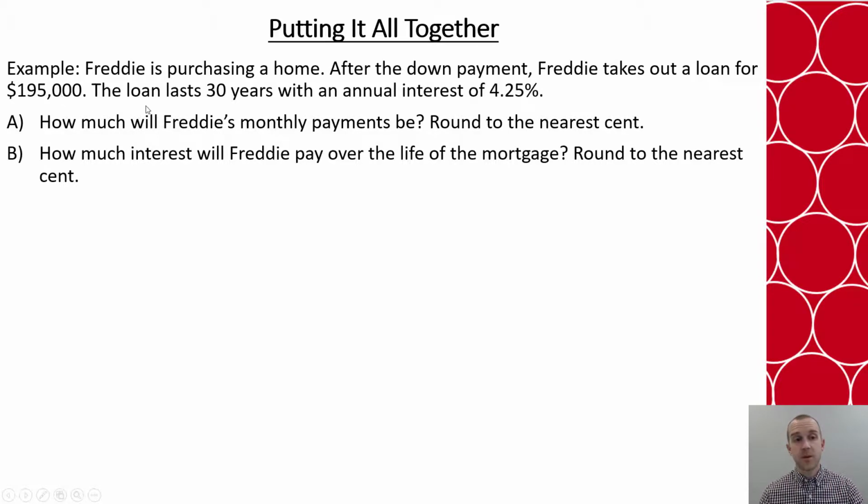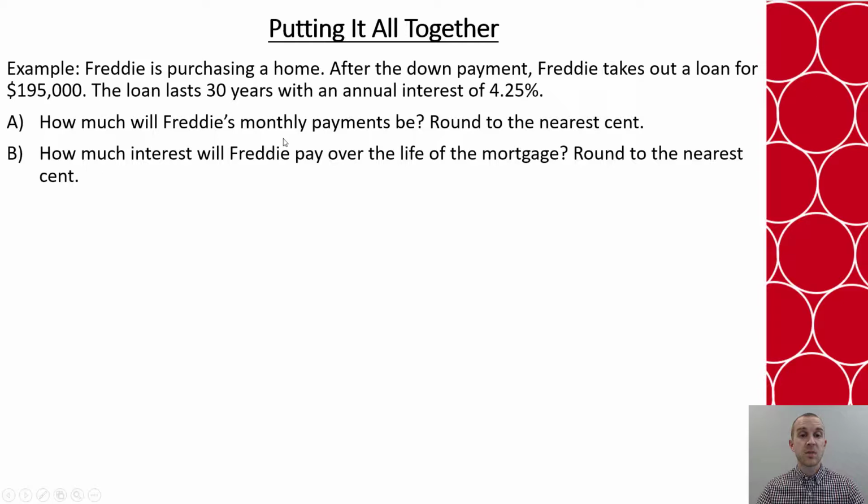It's a fairly common amount. The loan lasts for 30 years with an annual interest rate of 4.25%, and that's a fairly common rate around now. So let's first calculate how much the monthly payments will be, and then determine how much interest will be paid over the life of the mortgage.